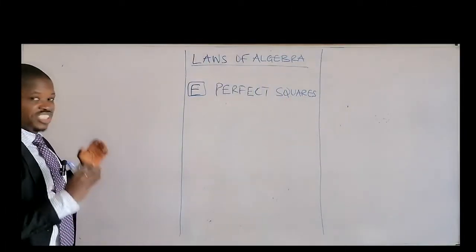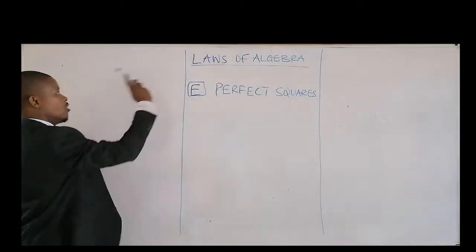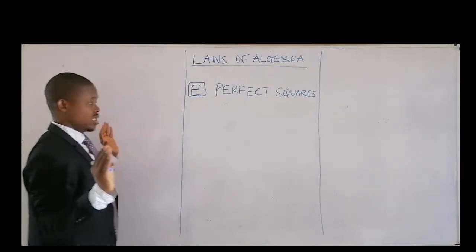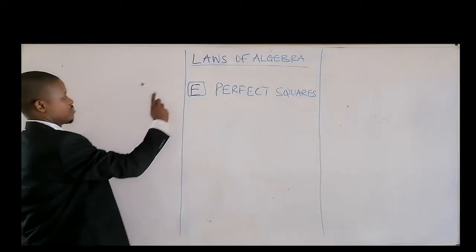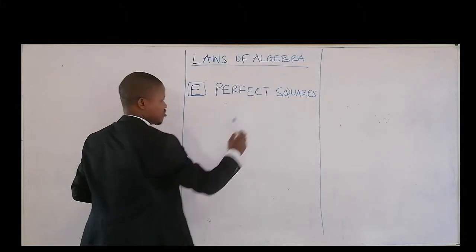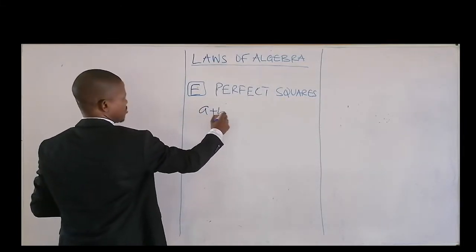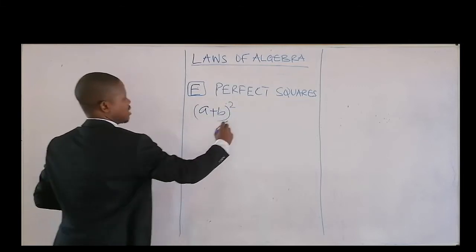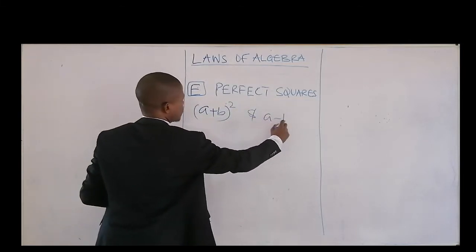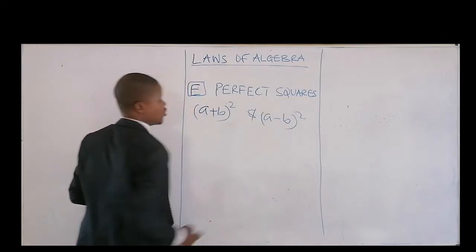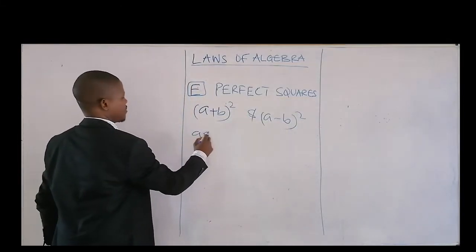We are looking at the continuation of laws of algebra, and then we're looking at perfect squares. This expression and this one are known as perfect squares.